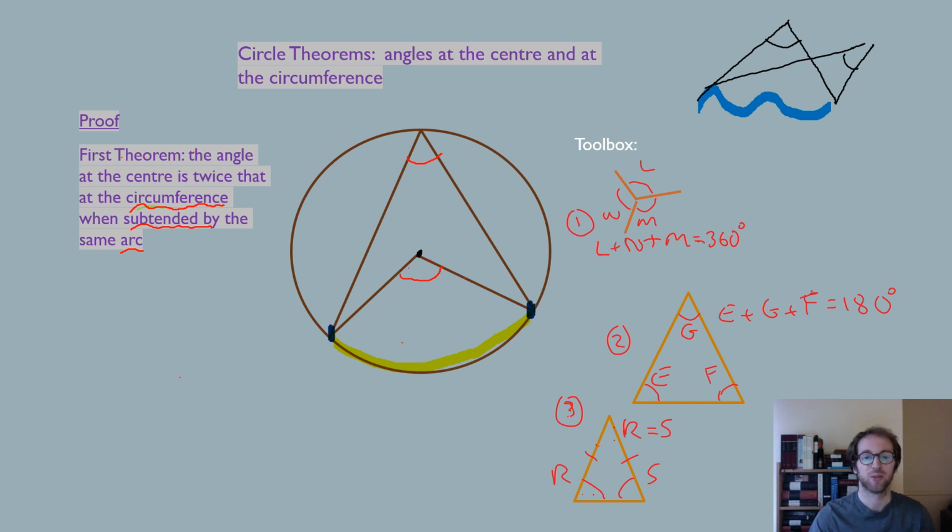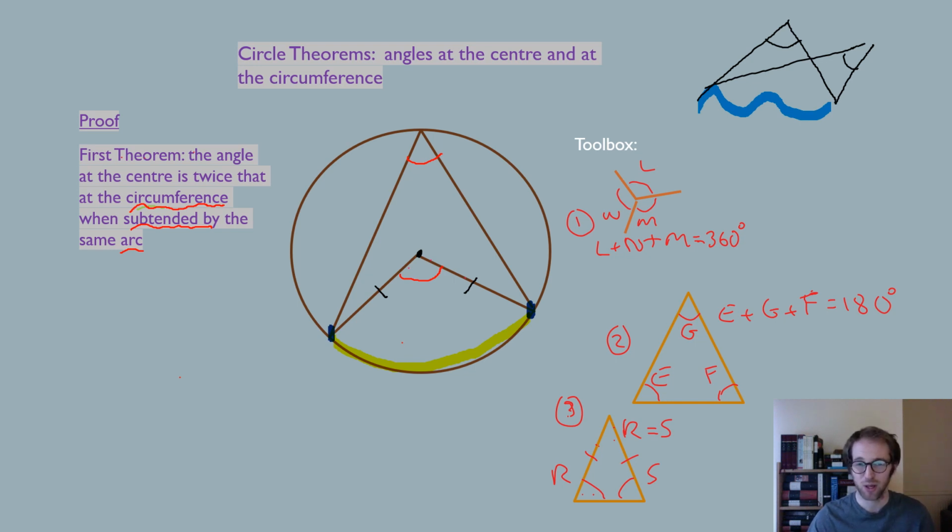When there's a center within your circle, the properties of an isosceles triangle often come into play, and the reason for that is that these lines here and here are going to be the same length.